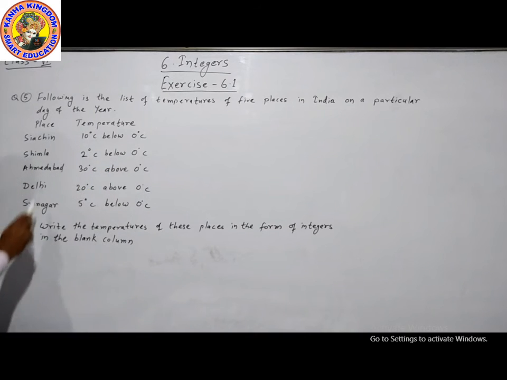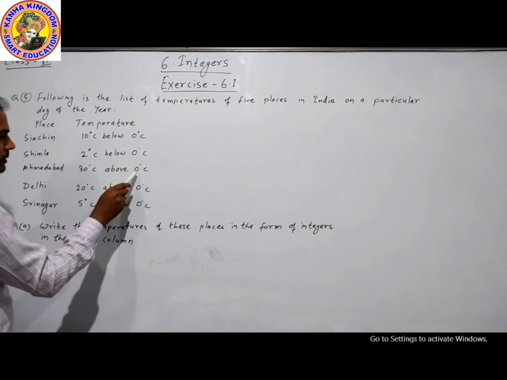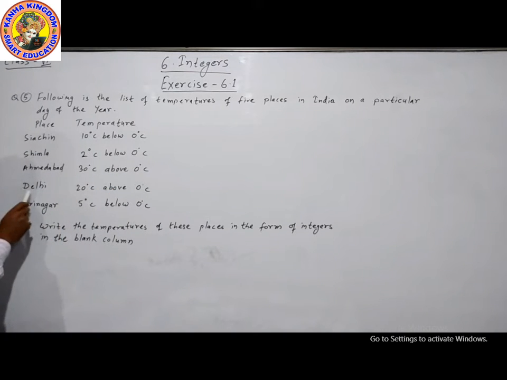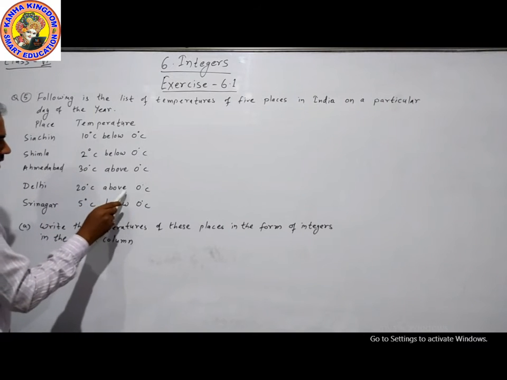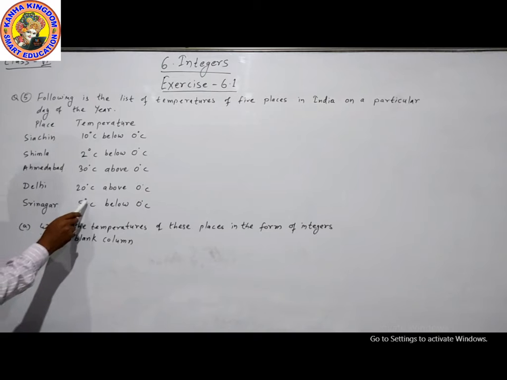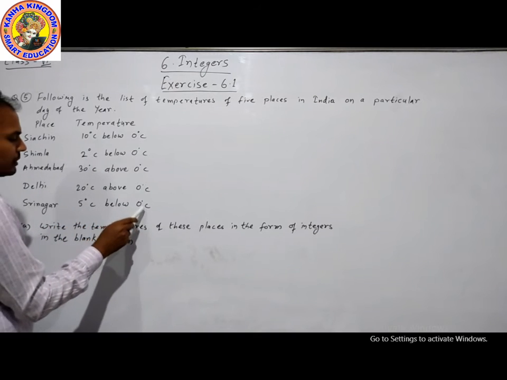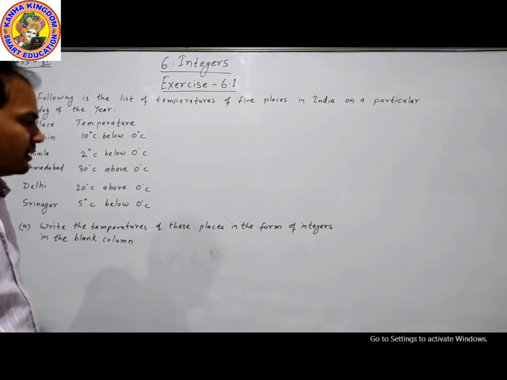Ahmedabad 30 degrees centigrade above 0. Delhi 20 degrees centigrade above 0. Srinagar 5 degrees centigrade below 0. First part: write the temperature of these places in the form of integers in the blank column.